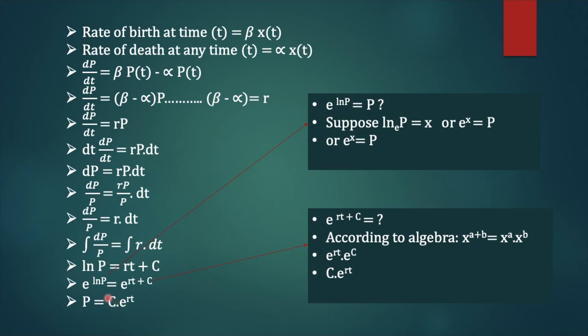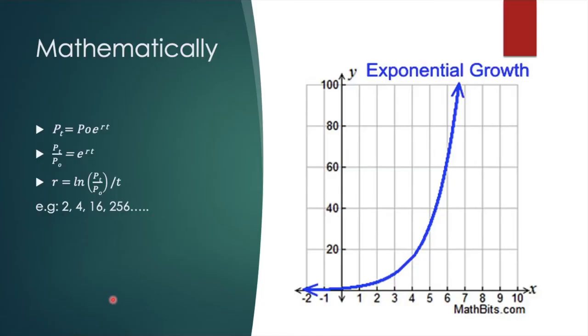Here c is the constant, so mathematically in place of c we can write P naught: P(t) equals P0 e to the power rt. So this is the formula to express exponential population growth.